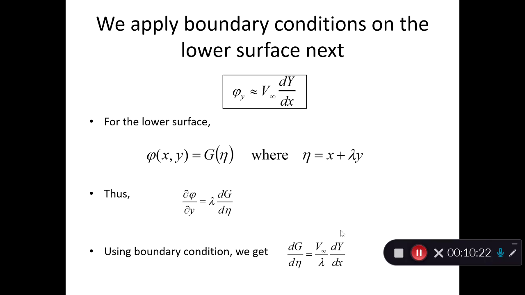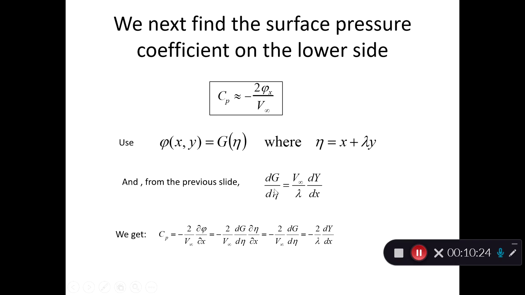Now let's go to the surface pressure. Again, on the lower side, we need an x derivative of phi. So here is phi. Take an x derivative. Again, by chain rule, it's dg d eta times d eta dx. d eta dx is 1. Therefore, d phi dx is just dg d eta. So Cp becomes minus 2 times dg d eta divided by V infinity.